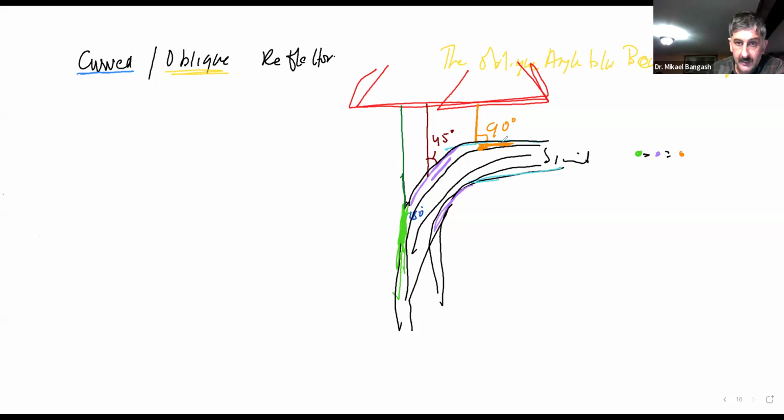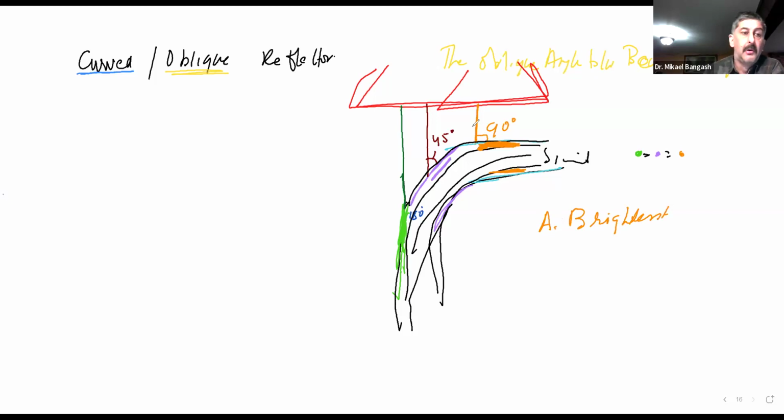Now, mainly in this case, this portion of our structure, which we can label as, let's say, A, will be brightest. Why? Mainly because it's a 90-degree angle.